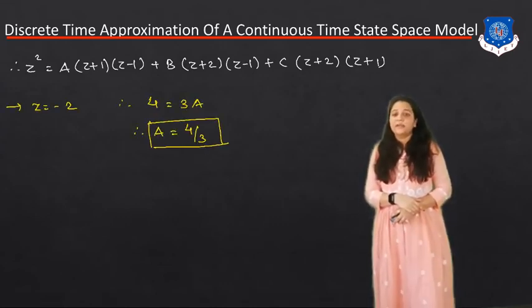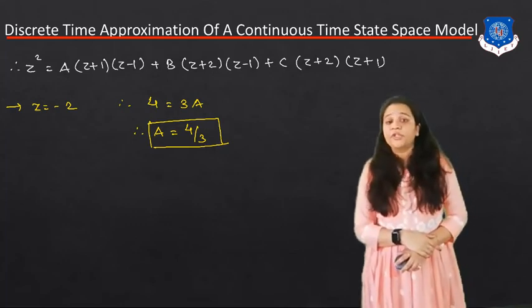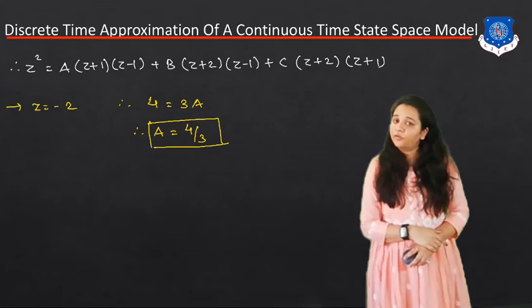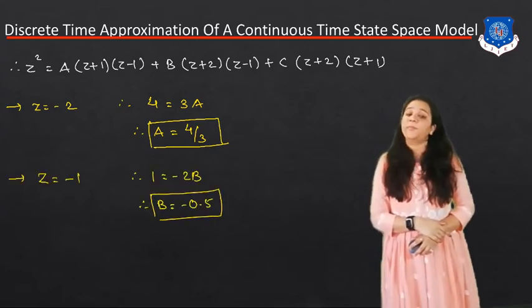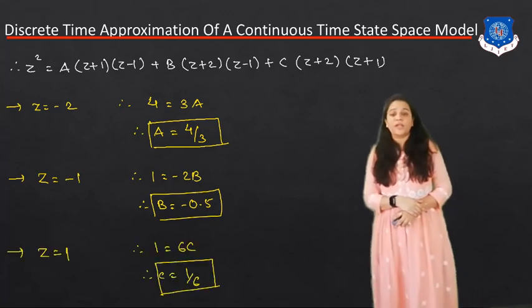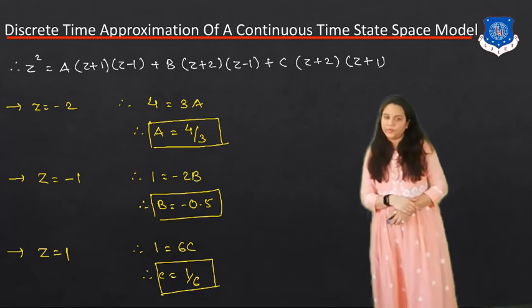Okay, so put z is equal to minus 2. We can get 4 is equal to 3a, so a is equal to 4 by 3. Then put z is equal to minus 1, so we can get b is equal to minus 0.5, and put z is equal to 1, we can get c is equal to 1 by 6.